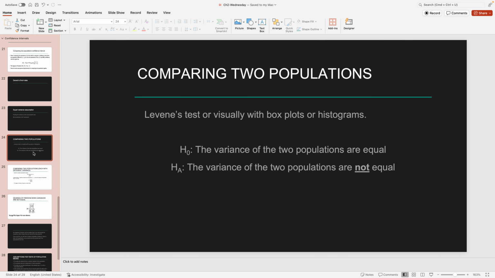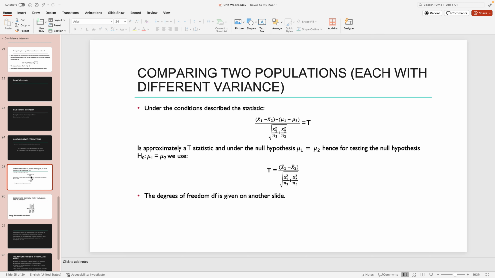Okay. Now, there's another scenario, which is that the two populations just don't have the same variation or standard deviation. And if they have different variances, your test statistic is calculated in this way.